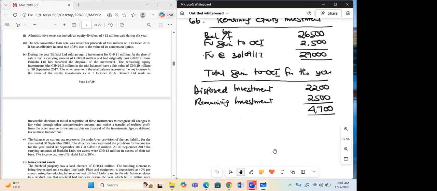And so when we go to other comprehensive income, we will recognize the 4,700. Then when we go to the statement of changes in equity, out of this 4,700, 4,000 has been realized. So we'll transfer that 4,000 to retained earnings. Do we understand?